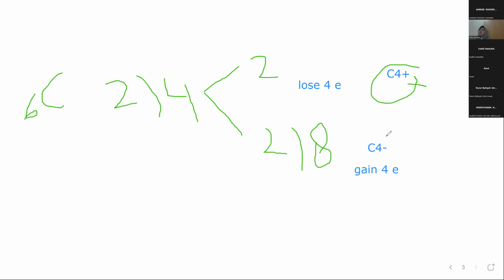There is no C4+ and no C4- in nature, because to lose 4 electrons or gain 4 electrons requires high energy.